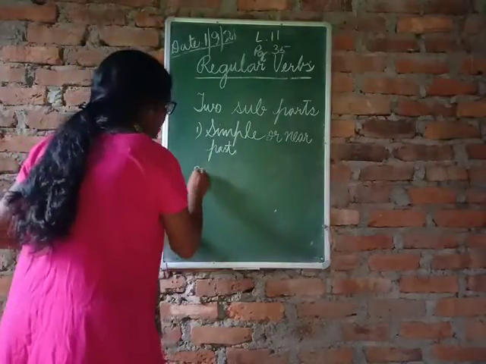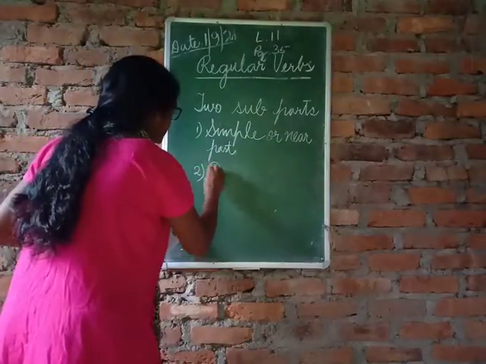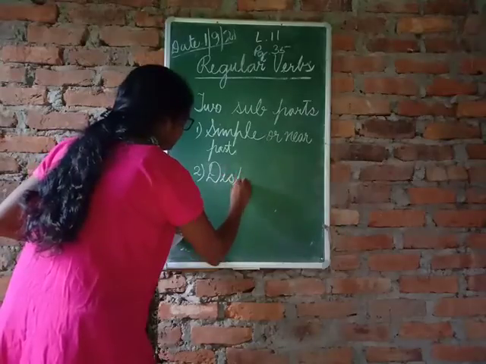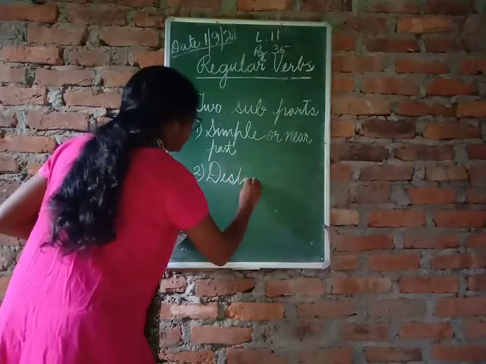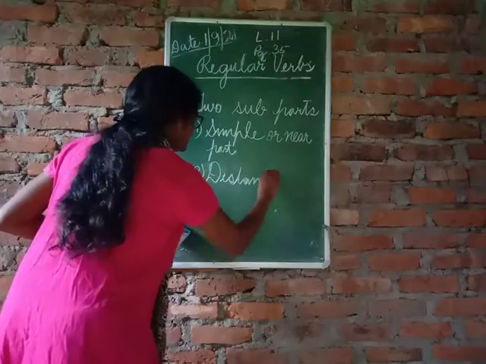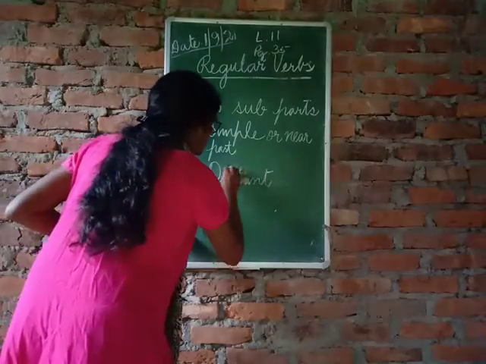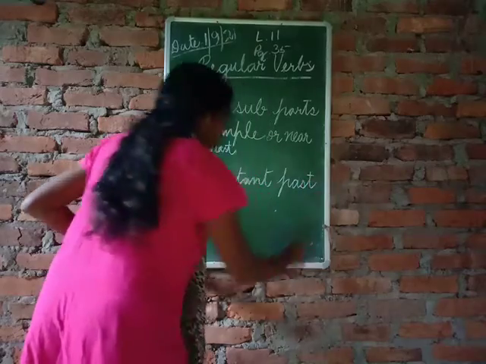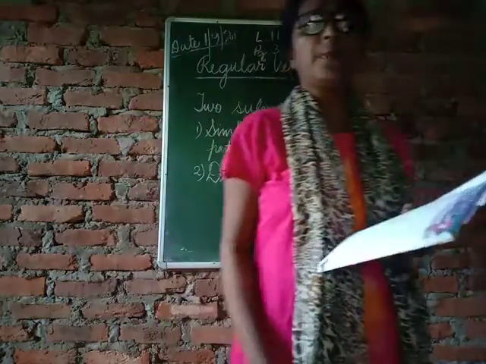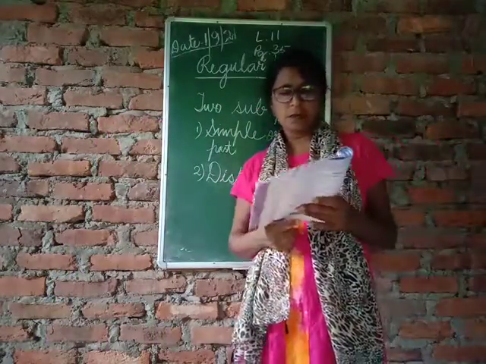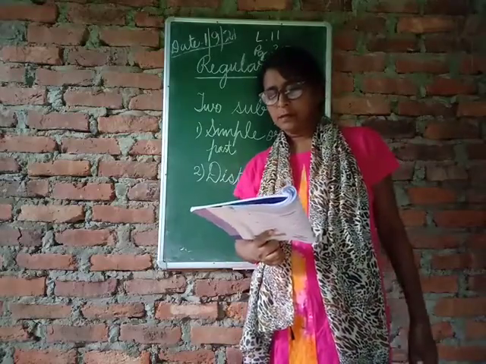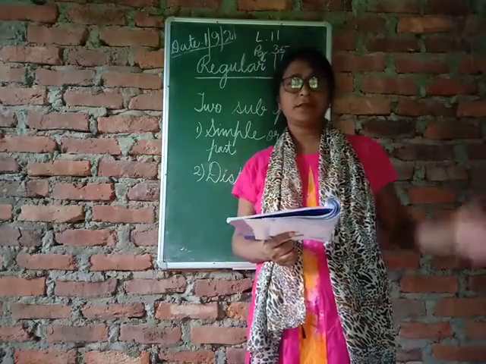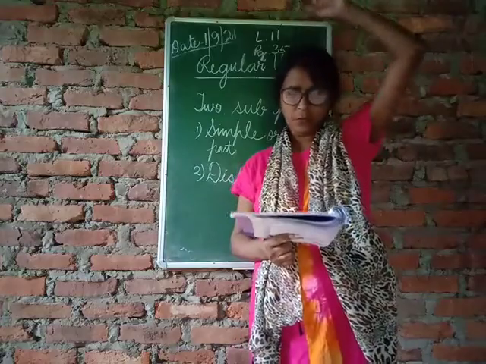And second is distant past. Distant past মানে বহুত দিনৰ আগতে হৈ যোৱা past. That is called distant, দূৰত, আগত, বহুত দিনৰ আগত.